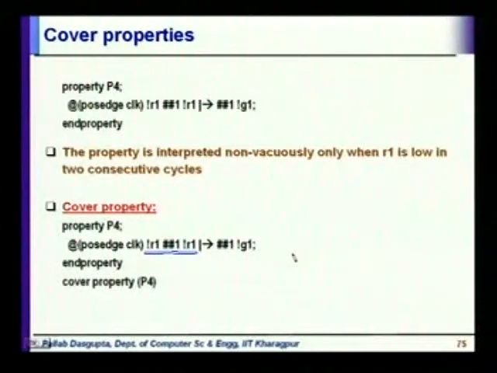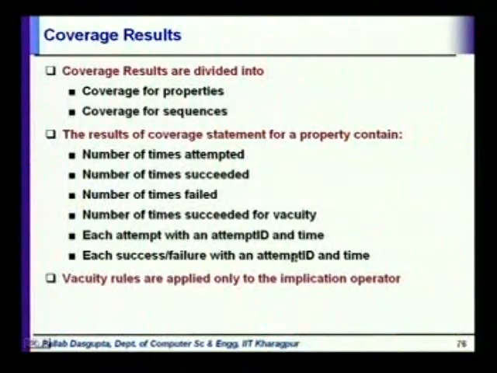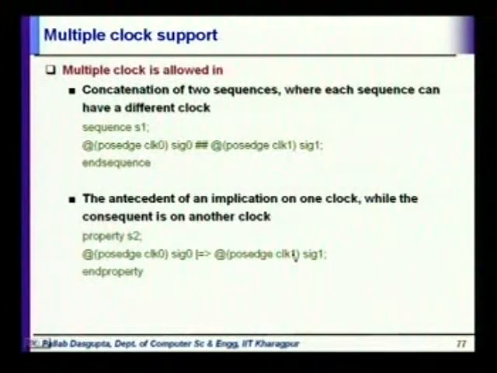There are methods for vacuity checking which are much better than this, but they are not part of the standards. In SystemVerilog, you also have multiple clock support. So, you can have concatenation of two sequences where each sequence can have a different clock.